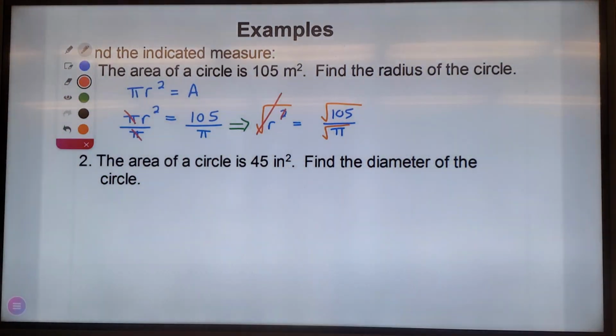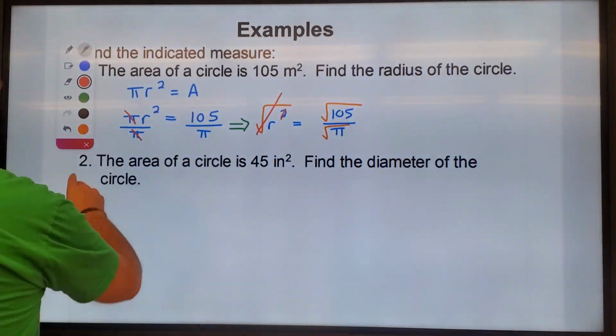However, on the fraction there, we have pi square rooted in the denominator. I need to have that not there. I need to have not a square root. Okay, so I'm going to multiply the top and the bottom by the square root of pi.